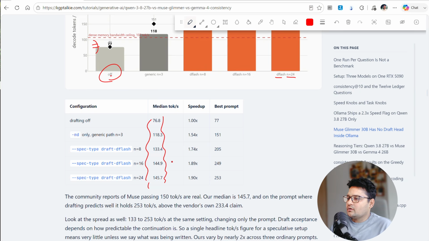If a particular sequence is very predictable, the generation speed is going to be fast. But if the sequence is not predictable, the generation speed is going to be slow. One thing you will always notice is that generation speed stays in the same range, irrespective of the content type, if you are not using any additional technology, like MTP or DFlash.